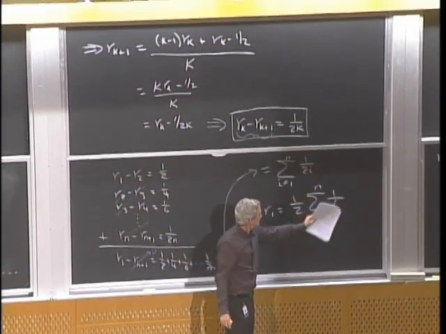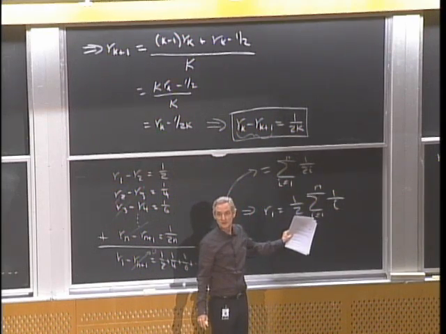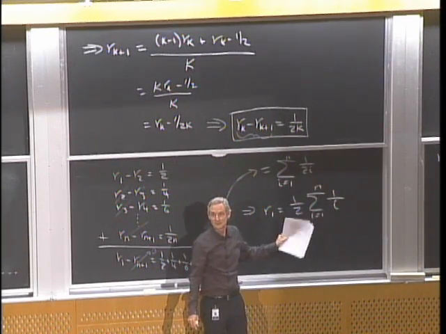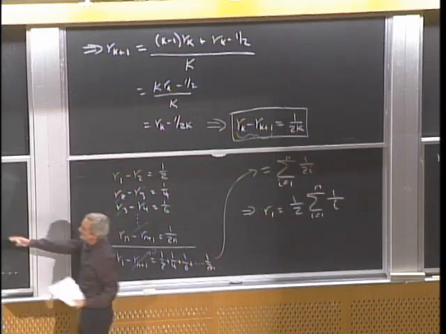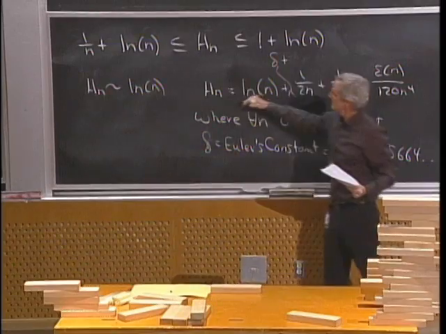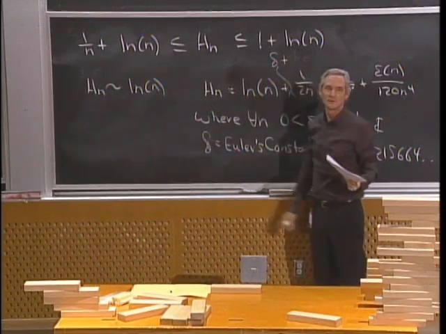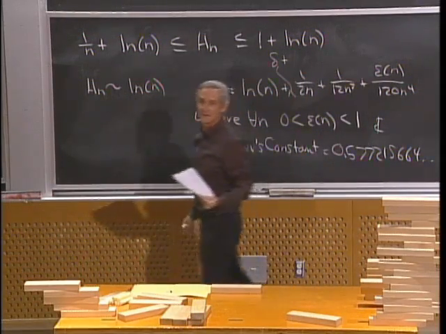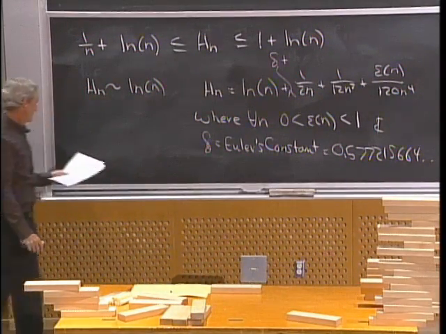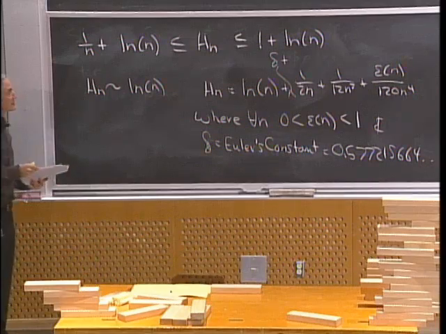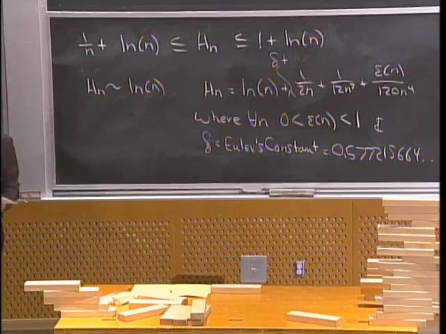So I need the harmonic number to be 200. And what does this tell me about n to get this to be 200? E to the 200. All right, so you're going to need an exponential in 200 number of blocks, which now we're past the stars, all right, to get that many.